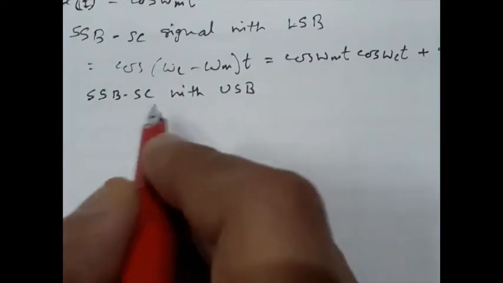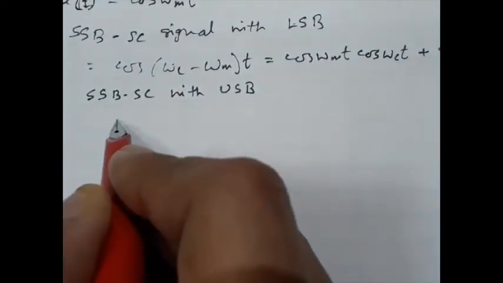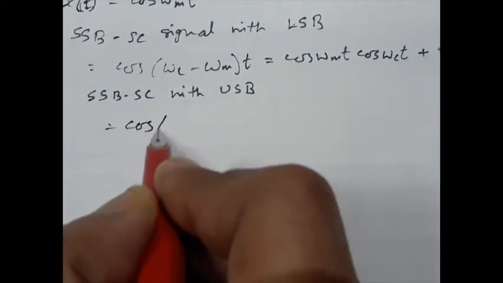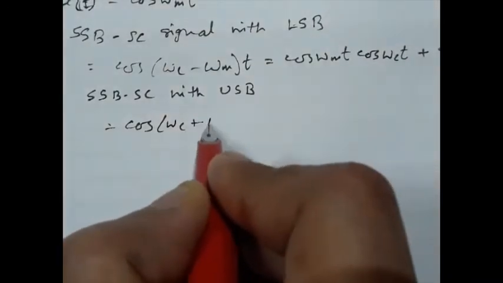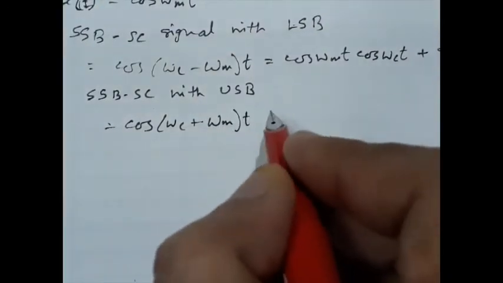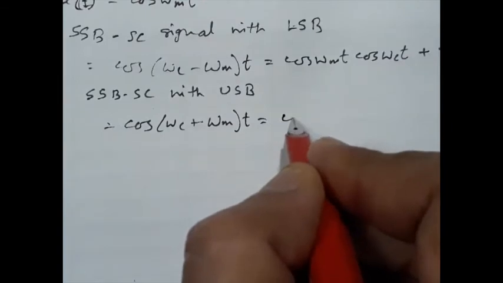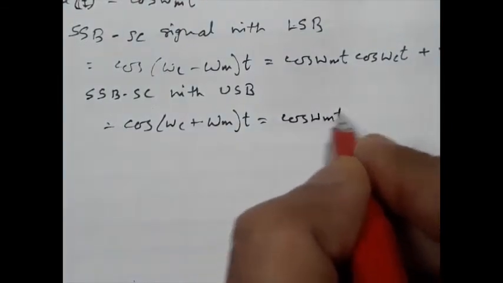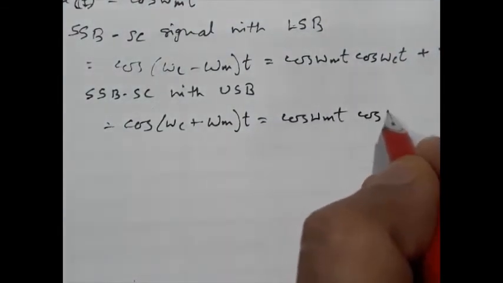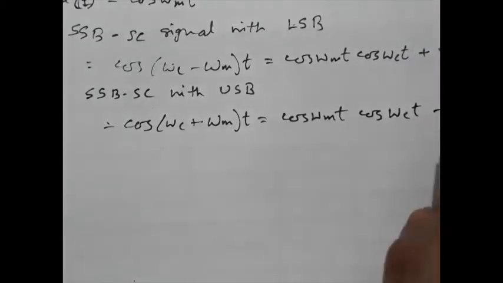So SSB-SC with upper sideband can be written as cos of (omega c plus omega m) t, that is cos omega m t cos omega c t minus sin omega m t sin omega c t.